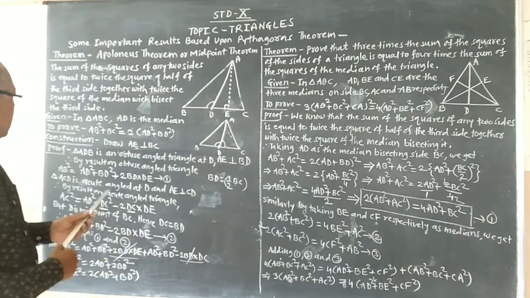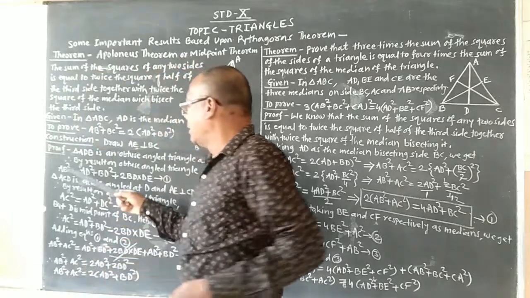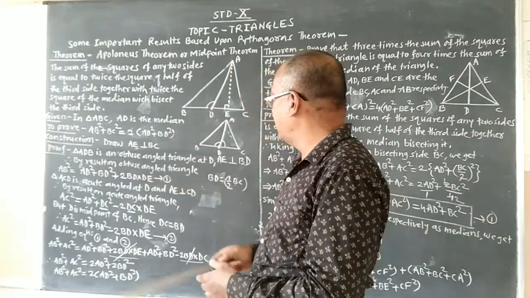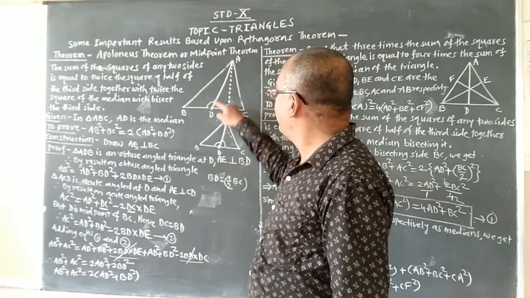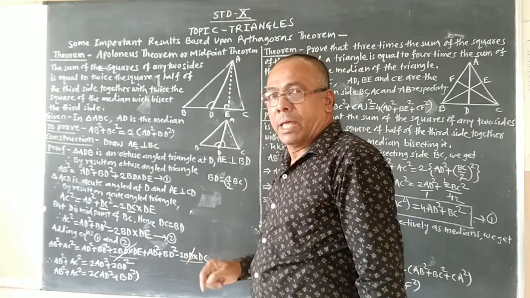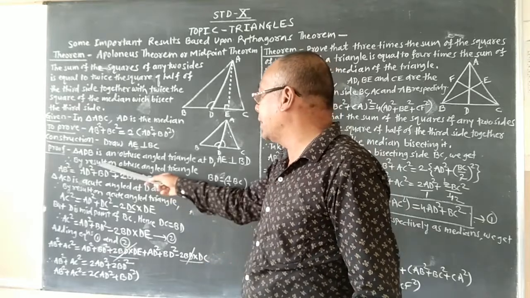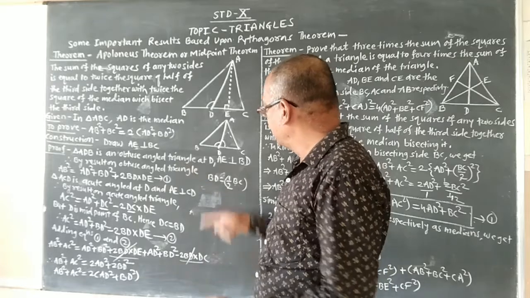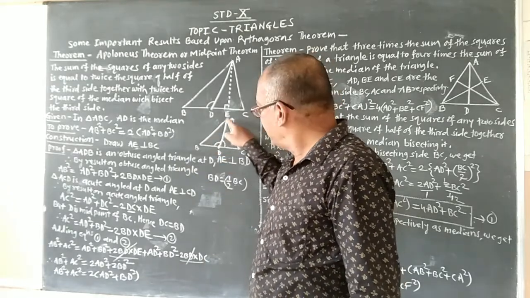we will see the proof of this theorem, that is triangle ADB is an obtuse angle triangle. Here I have just now explained that triangle ADB is an obtuse angle triangle, and therefore by result of obtuse angle triangle we know that the side opposite to obtuse angle is AB square.